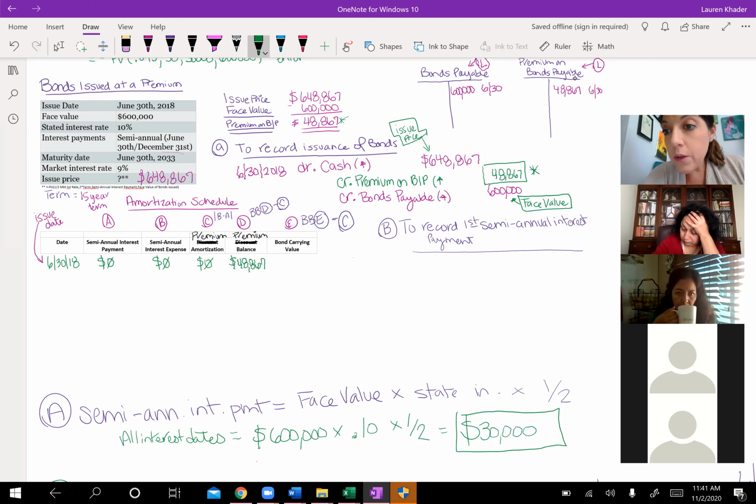Bond carrying value is always equal initially to the issue price, right? And the issue price for a bond issued at a premium is always higher than face value. So 648,867. We know that the bond carrying value over time is slowly going to decrease towards face value for a bond issued at a premium because at maturity, we're going to pay back face value.